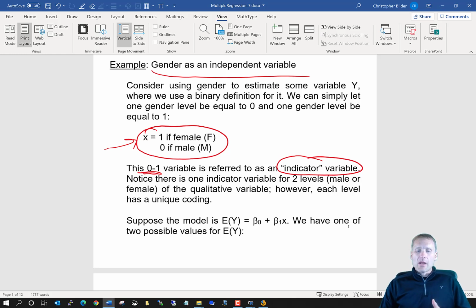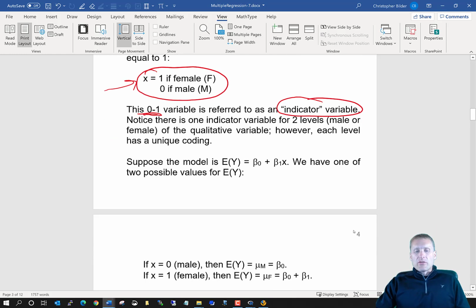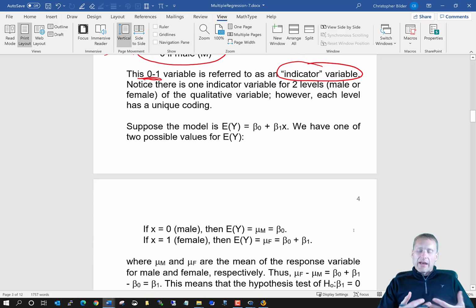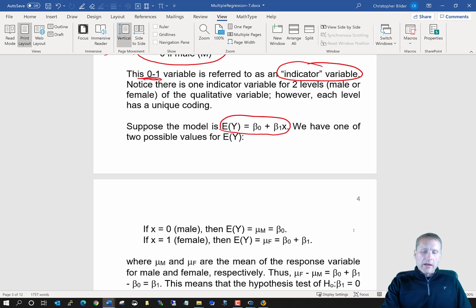So if I wanted to include this x in my model, the expected value of y is equal to beta 0 plus beta 1 times x. So for males, which is x equals 0, notice how my model simplifies. The expected value of y is equal to just beta 0, because 0 times beta 1 is 0.